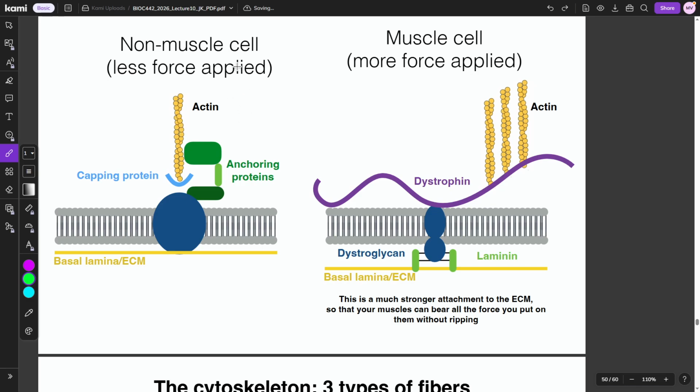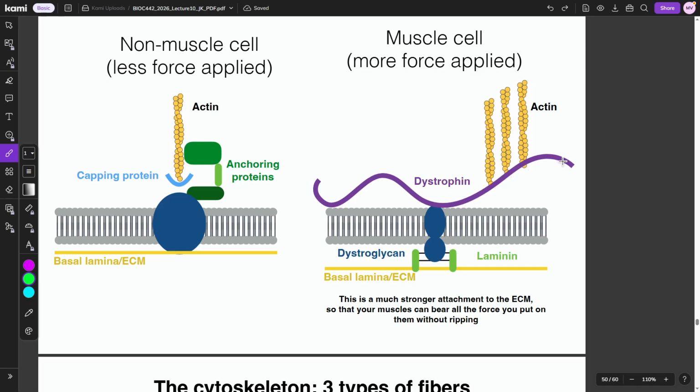So in non-muscle cells, there's only one cup holder for this actin. So that actin is only going to fit into this cup holder, and you can only have one actin in one cup holder in this case. In this case, we have a big tray of cup holders.